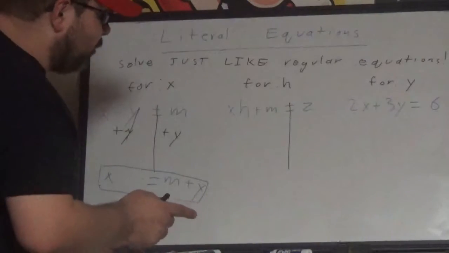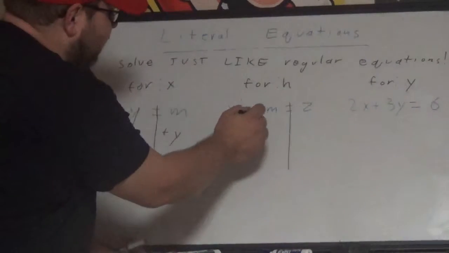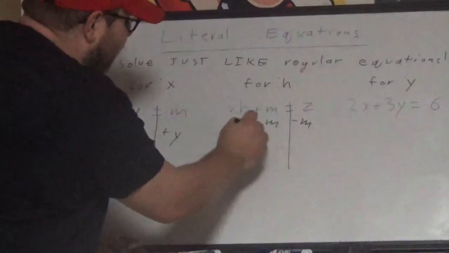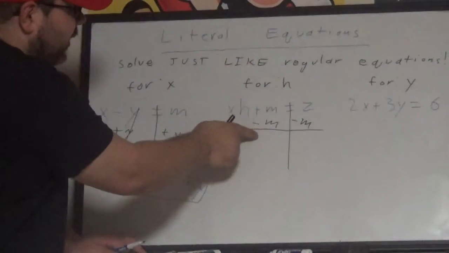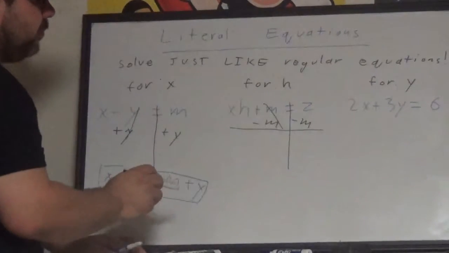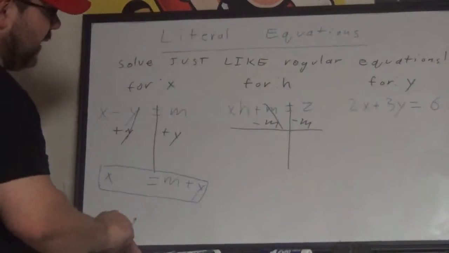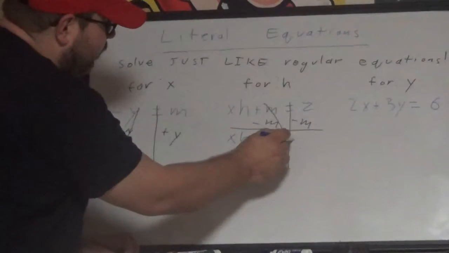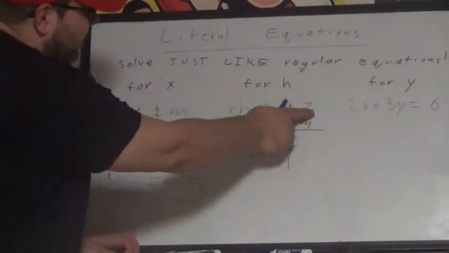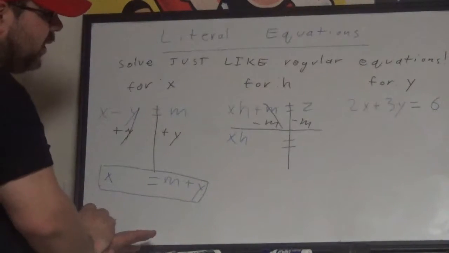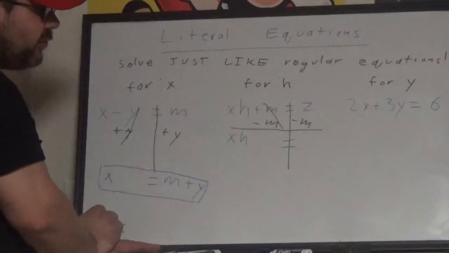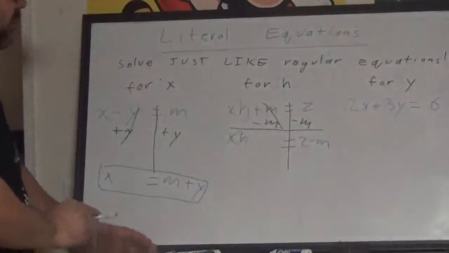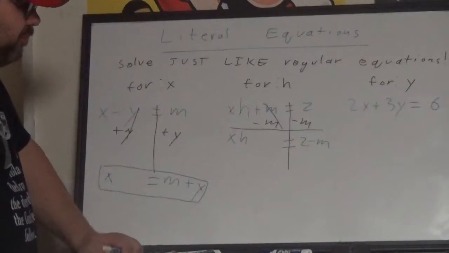So what we want to do is get rid of the m first, because it's an easier operation. M minus m cancels, and then we bring down xh, and on this side we have z minus m. Again, those are not like terms, so we cannot combine them. We'll just turn it into z minus m.